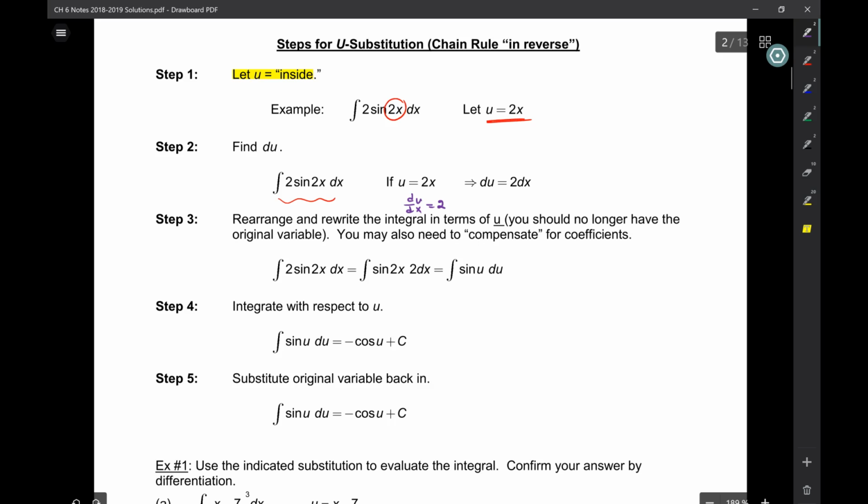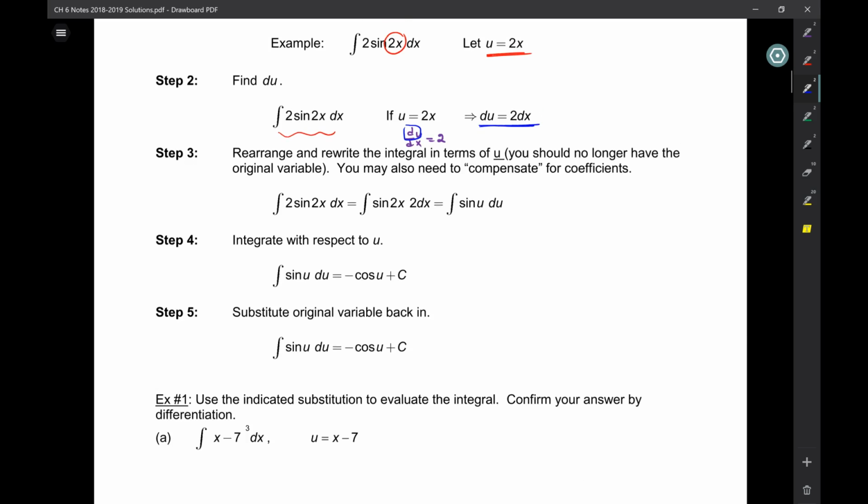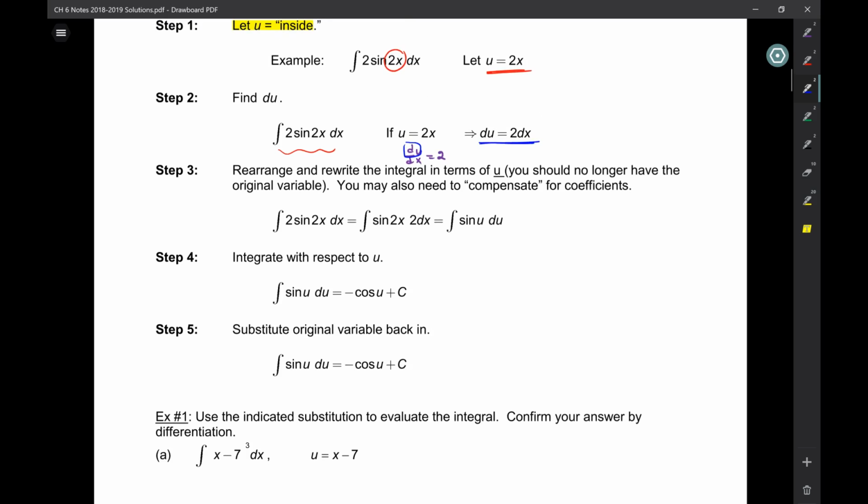But now I need to take this and I need to solve it for du. So what's du? 2dx. Okay? Everybody know how I did that? I multiplied both sides by dx, so I put the dx over here.